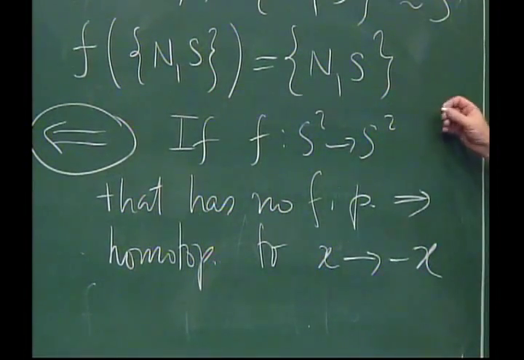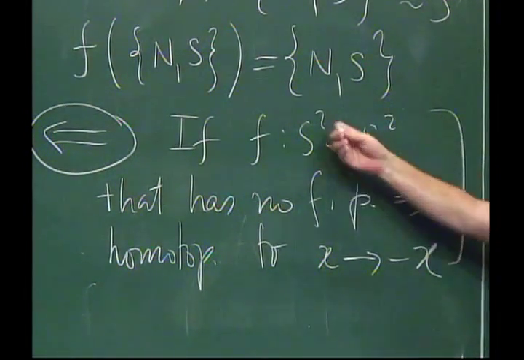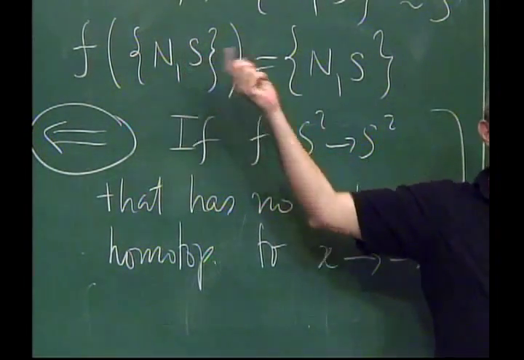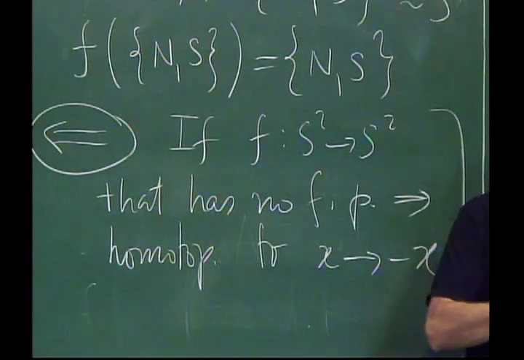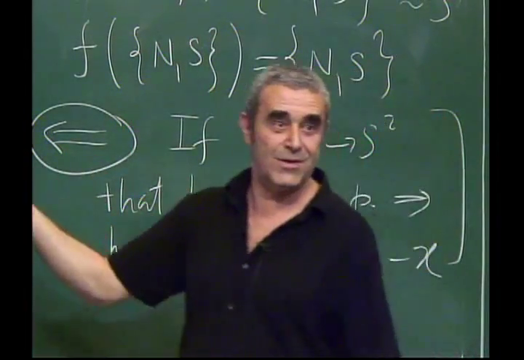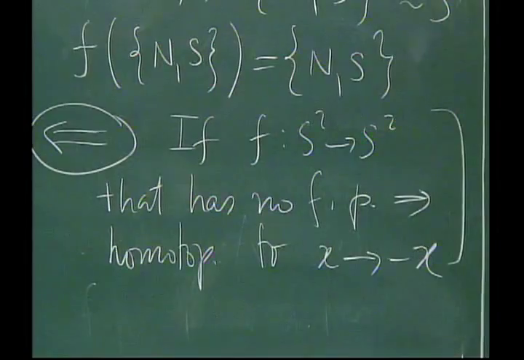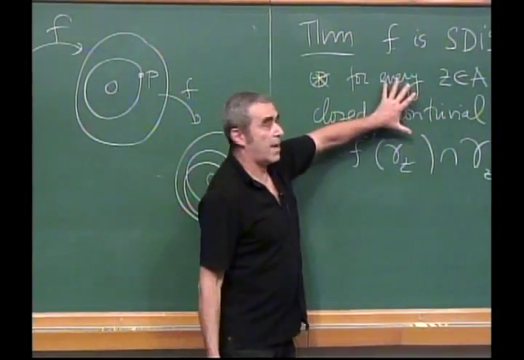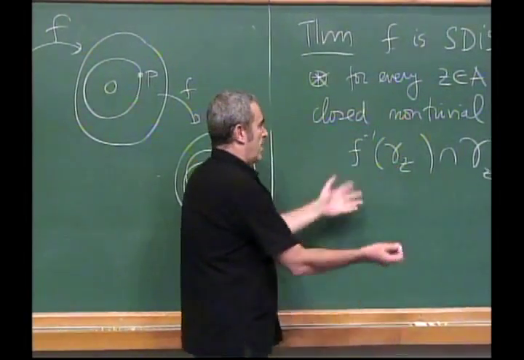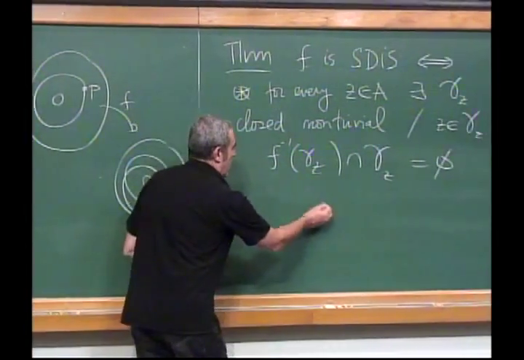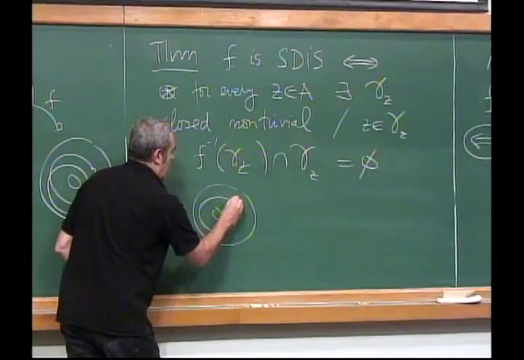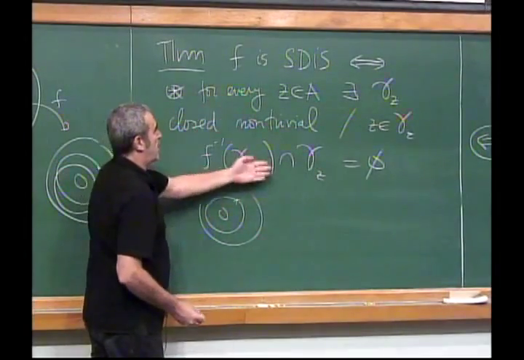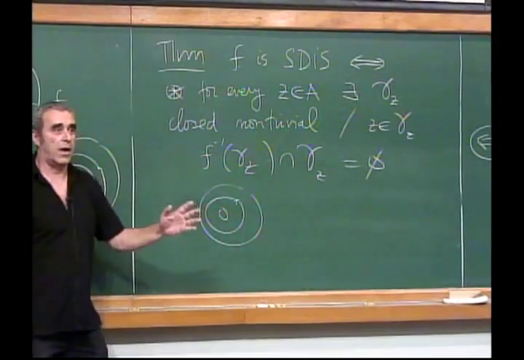Okay, it's trivial, and this shows that if F does not fix N and S, then it will have a fixed point within the sphere, in the interior of the annulus, and under this hypothesis this is impossible, because if you have a fixed point in the annulus, through this fixed point you will never draw a curve whose preimage is disjoint, okay?